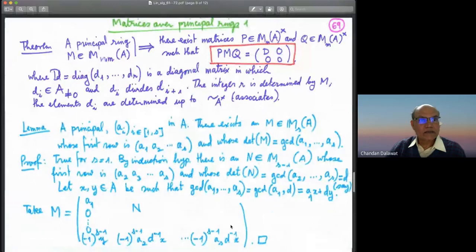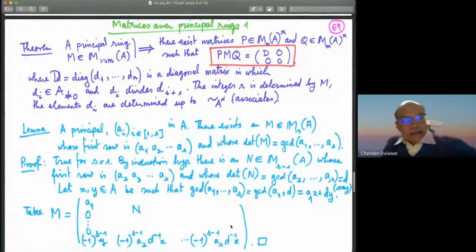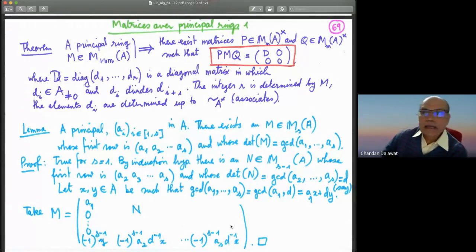So here is the theorem. It says that if I have a principal ring A and a matrix over that ring with n rows and m columns, then there are invertible matrices P and Q of the appropriate size, such that PMQ is equal to D00, D. So it's a block diagonal matrix. But the upper left-hand corner is no longer the identity matrix.